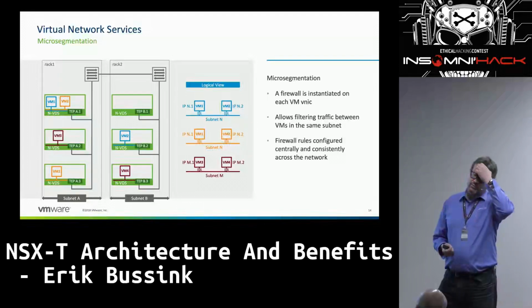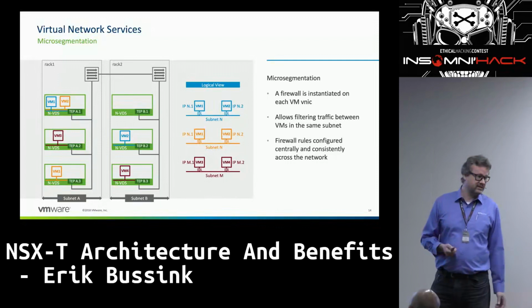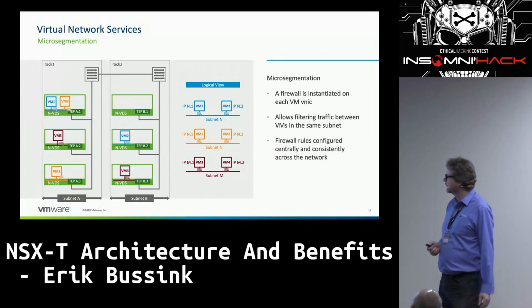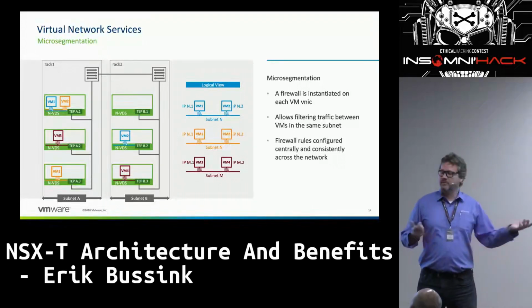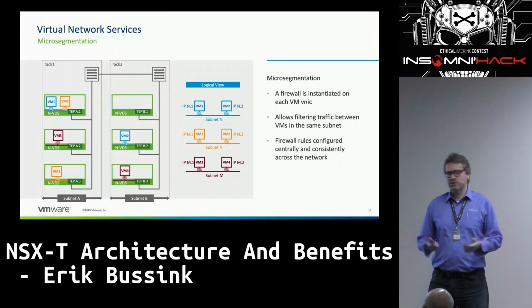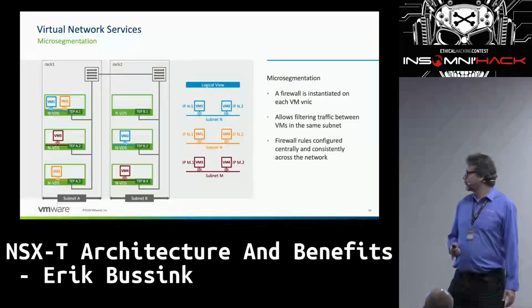And all those rules are managed centrally in the management of NSX. There you can group VMs by IP set ranges, by machines. You can use regex commands to group those virtual machines for those rules.